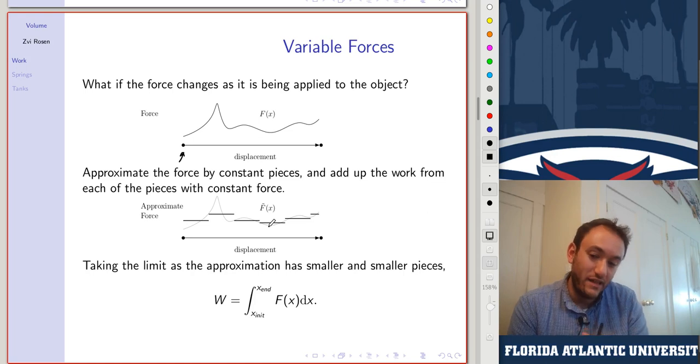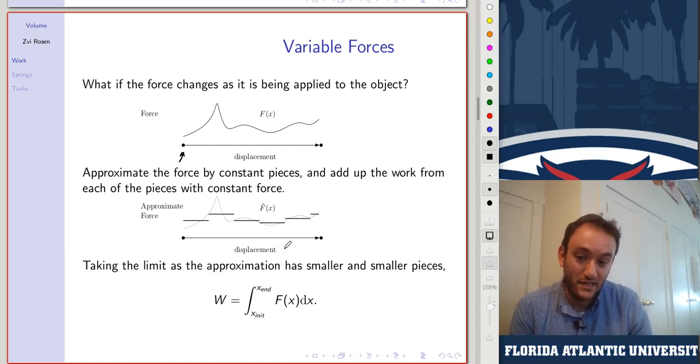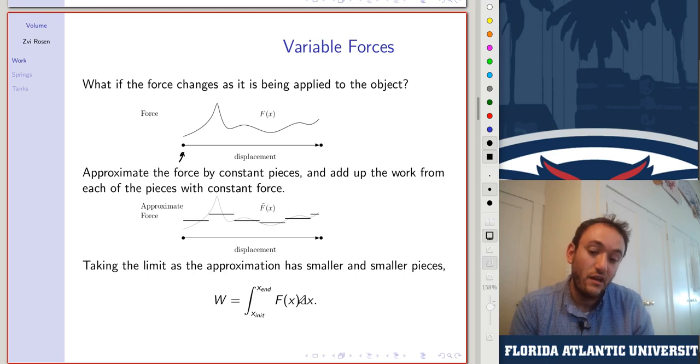And if you let those little intervals get smaller and smaller, your approximation gets better and better. So your work is going to be the integral from the initial position to the end position of the force with respect to the position, the displacement, f of x dx.